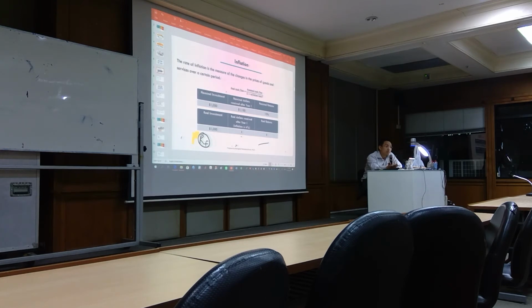Nominal rate, okay? But if you want to know what your real return is going to be, you just need to make some adjustment with the inflation expectation. Sometimes we call it the inflation premium, okay? So this equation is just an approximate equation, that the RF may come from RF star.